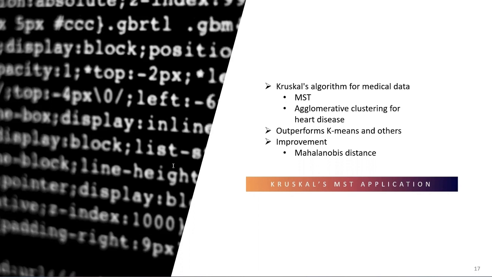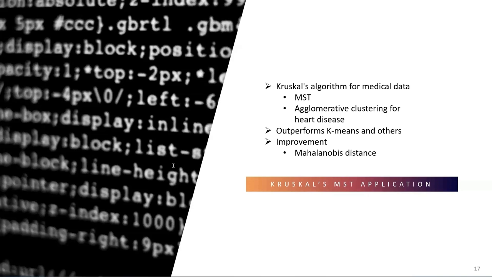Further, we understood a limitation of using Kruskal's minimum spanning tree. This algorithm considers the data points to be independent and identically distributed. This means that this algorithm will not be suitable if there is correlation between medical factors. In order to overcome this limitation, we used another distance called the Mahalanobis distance.